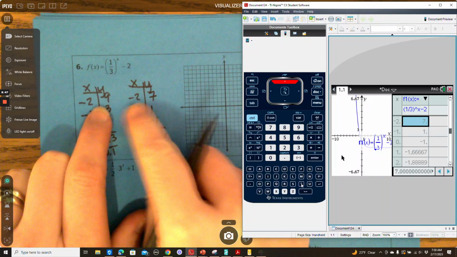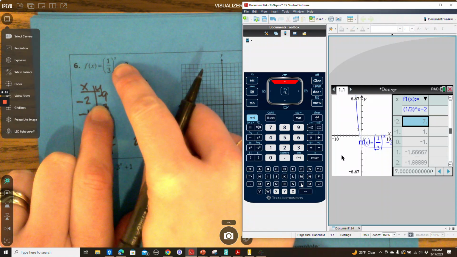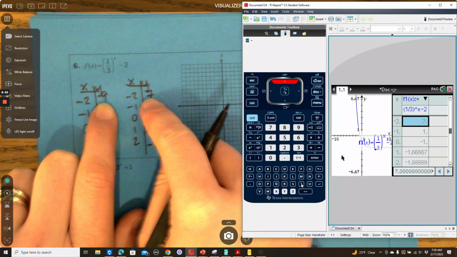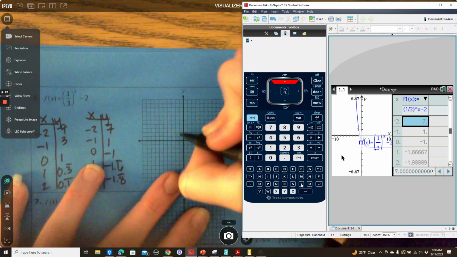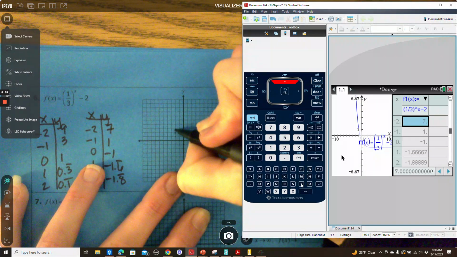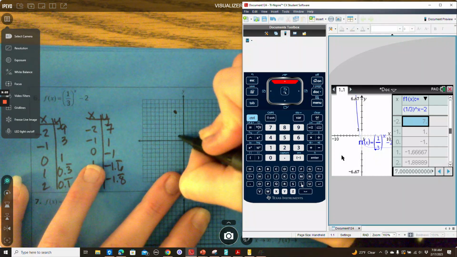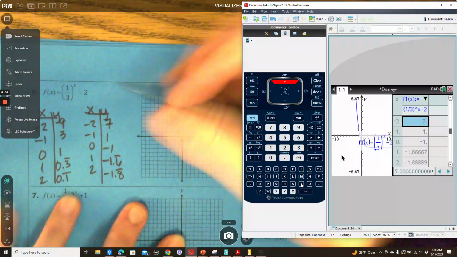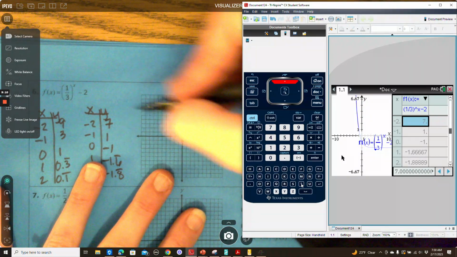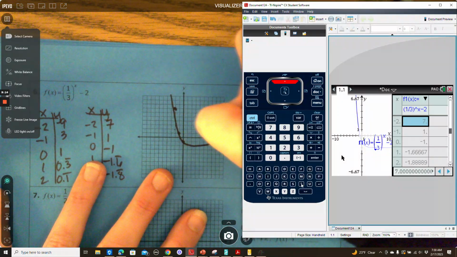So now what's happened is the y value shifted. So if I'm just adding or subtracting to the end, my y value is shifting. So if I graph this one, negative 2, 1, 2, 3, 4, 5, 6, 7, negative 1 and 1, 0 and negative 1. So now this thing has shifted.